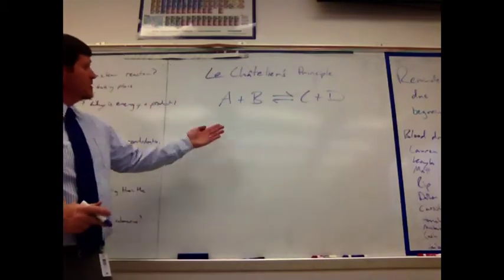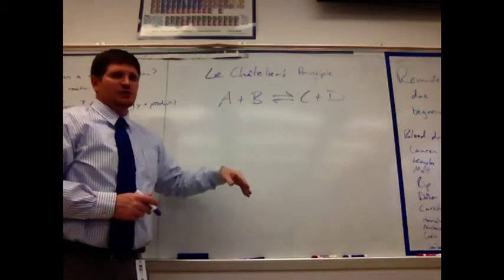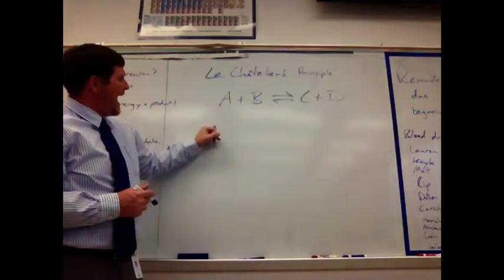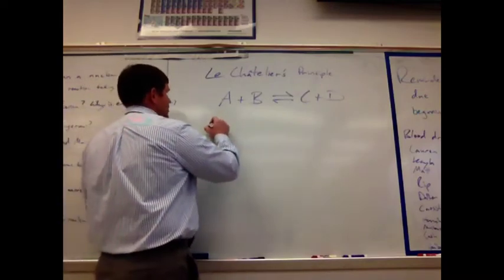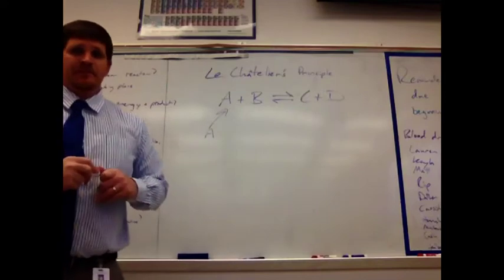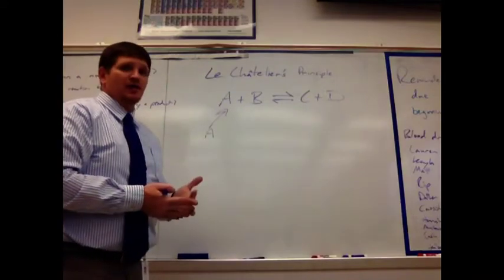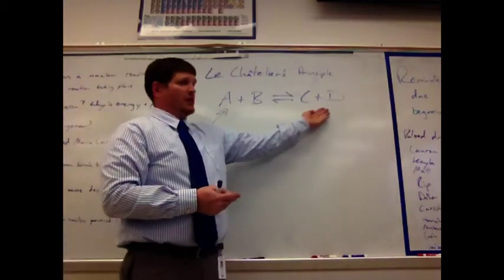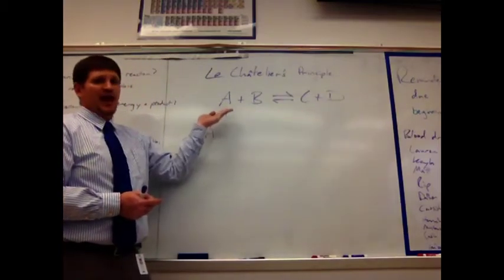If I have a certain amount of A and a certain amount of B, who cares what numbers those are yet? We'll deal with those when we deal with problems. But if I add more A to this, A is coming into this solution. I'm adding more A to my reaction. Which way is the reaction going to go? Is it going to make more product, or is it going to come back and make more of the reactant?